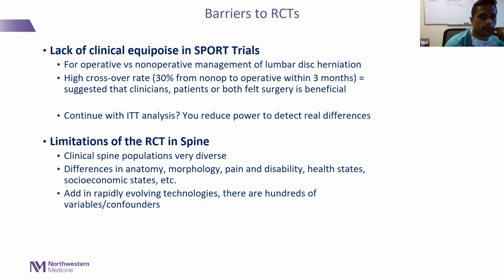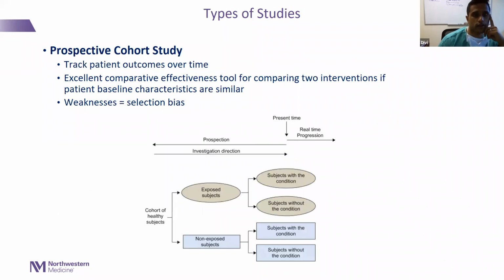So you can add in rapidly evolving technologies, and then there are hundreds of variables and confounders to account for. Prospective cohort study, we talked about, tracks patients over time. Here, the main weakness is selection bias. So if you're able to enroll patients equitably between two groups and demonstrate no baseline differences, then you might be okay.